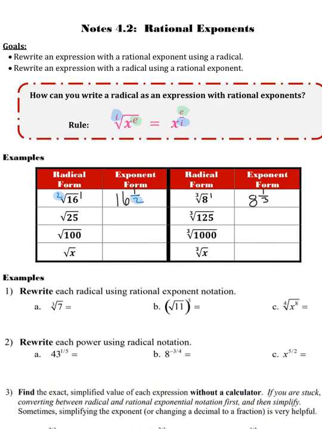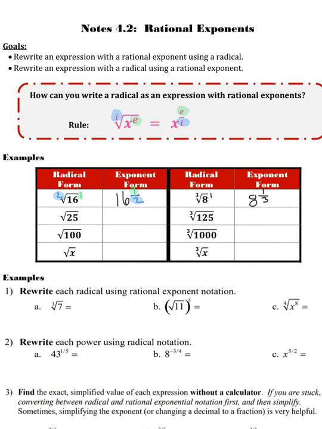Notice that has become the denominator of my fraction, and the exponent, and in this case if you don't see an exponent, it's assumed that it's a 1, so that will become my numerator. So I have 16 to the 1/2.